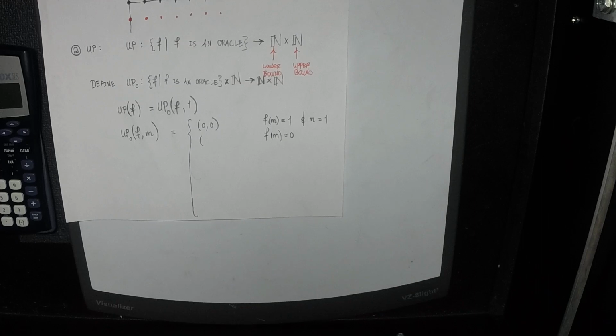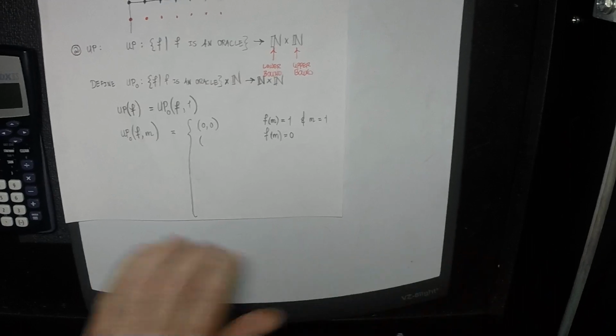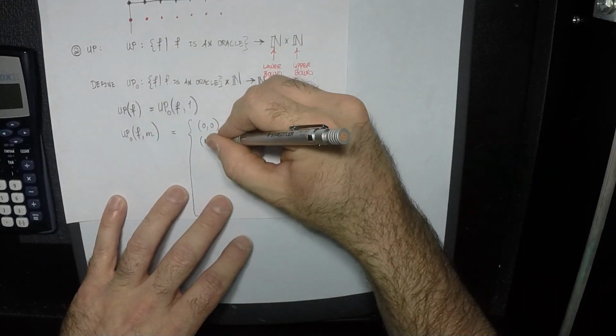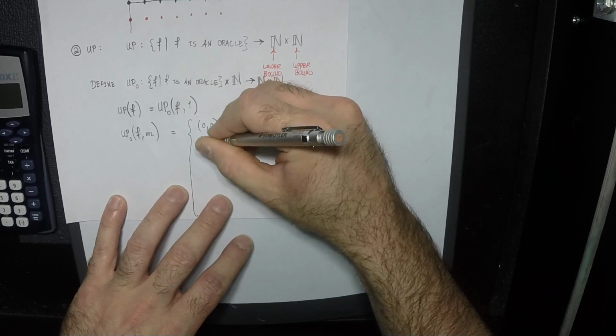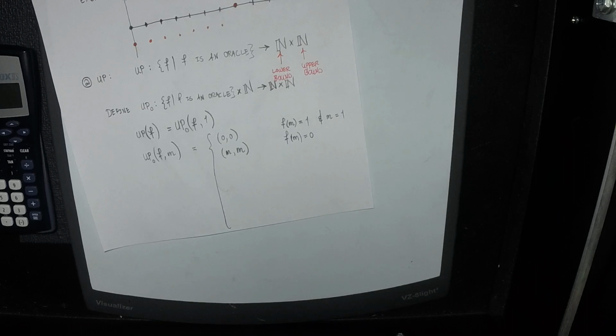No. What if you guess 4096 and the oracle says, you got it? Then what's the lower bound? 4096, and what's the upper bound? So if you guess m and the oracle says, you got it, then the lower bound is m, and the upper bound is m. What other kinds of possible things could occur?